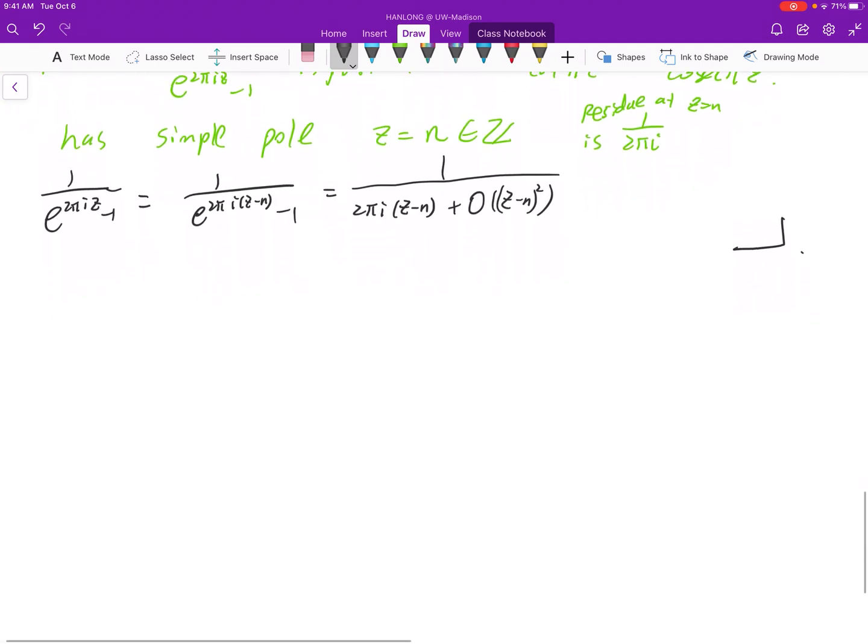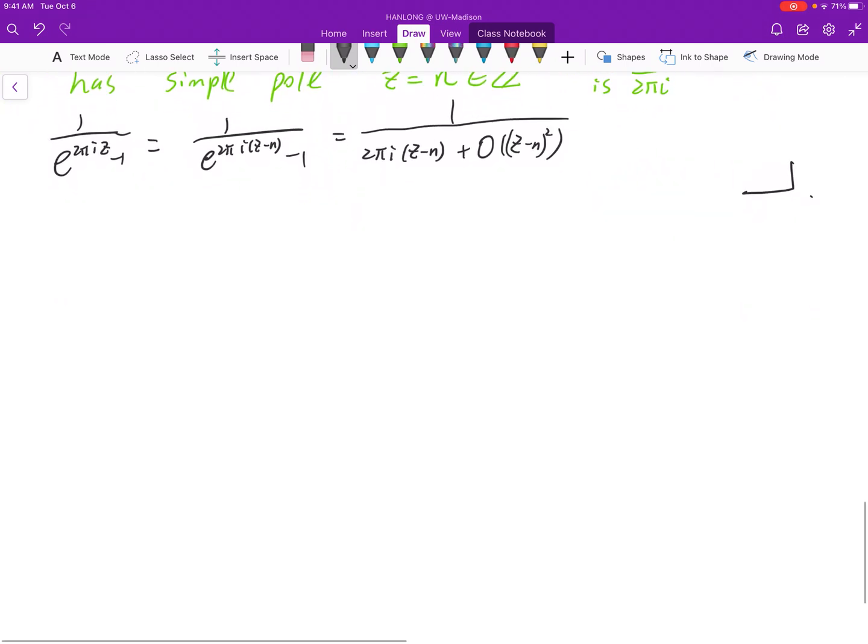Then you just pick out the coefficient of 1 over z minus n as your residue.